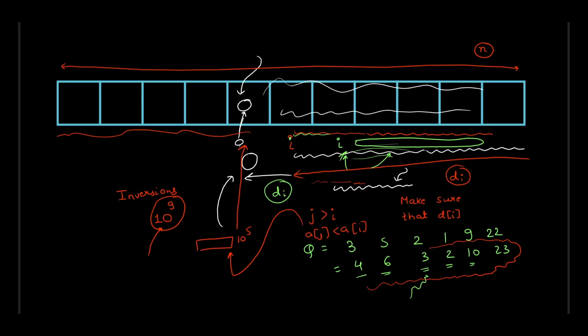So now let's try to come up with an algorithm that respects the relative ordering and then tries to create the valid qi for each i that you see. Suppose you are at this index i, and assume that you have already constructed the answer for each of these entries.